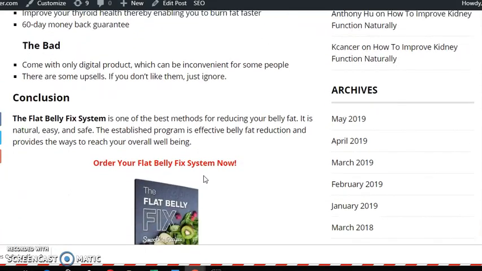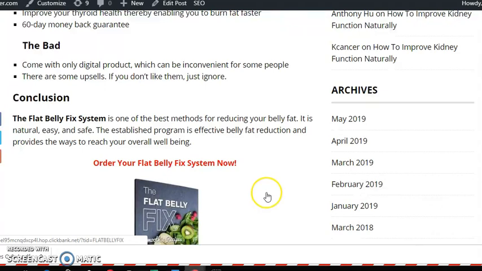Overall, the fat belly fat system is a very established program that has been used by thousands of people to reduce fat, and it's very effective. All the procedures are natural and very safe, and it's also very cheap.